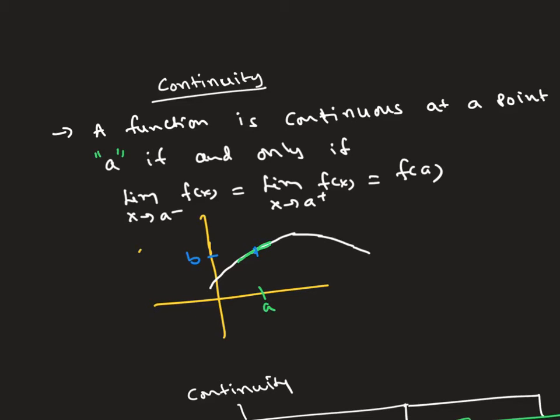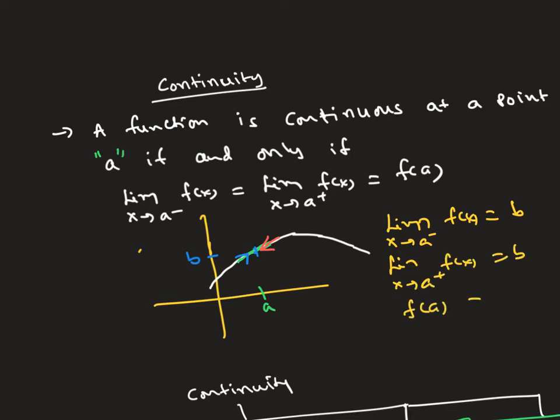So if the left side limit at that point, in this example, would be B, and the right side limit at that point, in this example, would be B. So the limit as x approaches A from the left side is B, and the limit as x approaches A from the right side is B, and f of A is also B. Remember, the curve is a combination of a bunch of points.